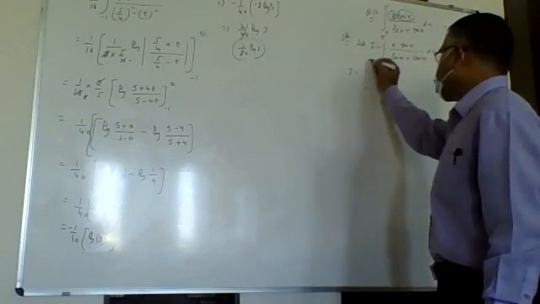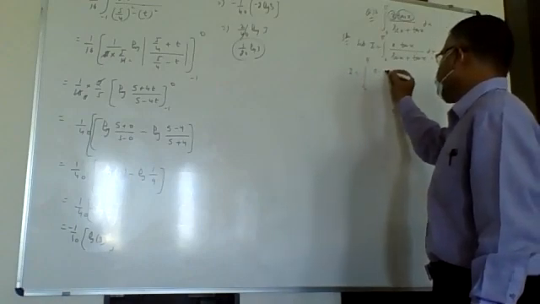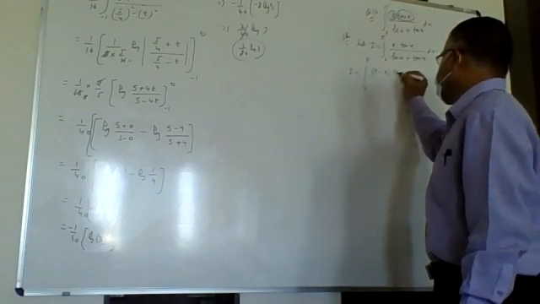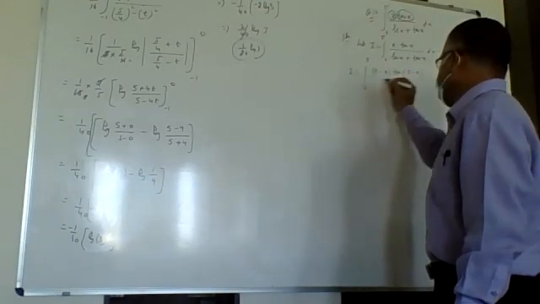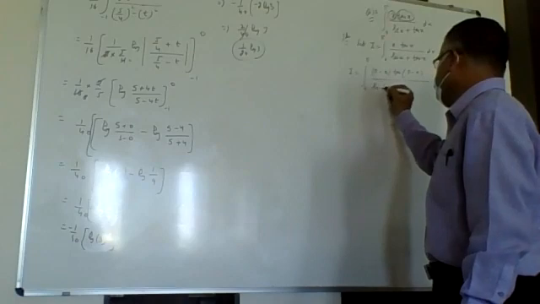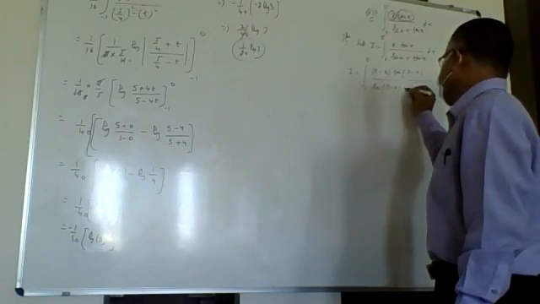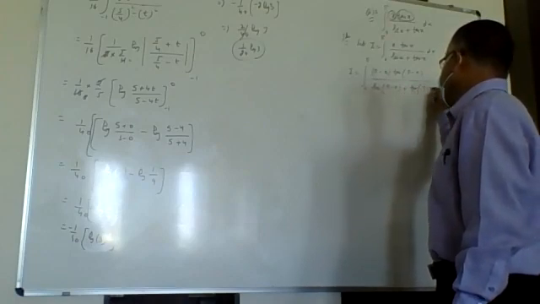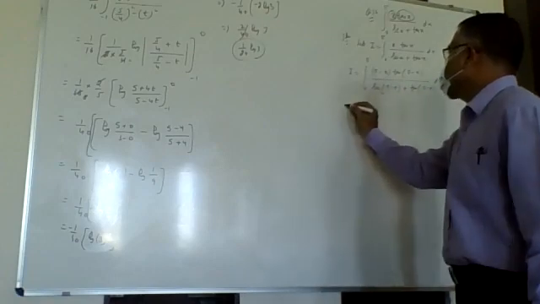I is equal to integral from 0 to pi of (pi minus x) tan (pi minus x) upon secant (pi minus x) plus tan (pi minus x) dx.